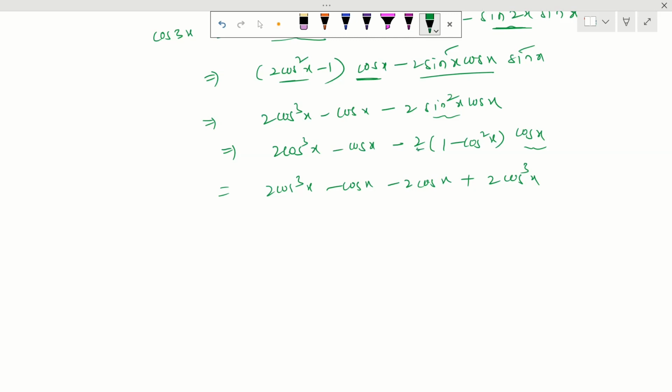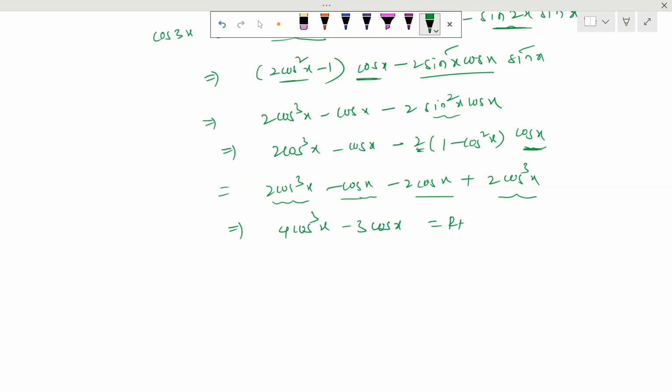Understood? We have to multiply the 2 and the cos also. Now 2 cos cube and 2 cos cube, it becomes 4 cos cube x, and here minus 1 cos and minus 2 cos becomes minus 3 cos x.